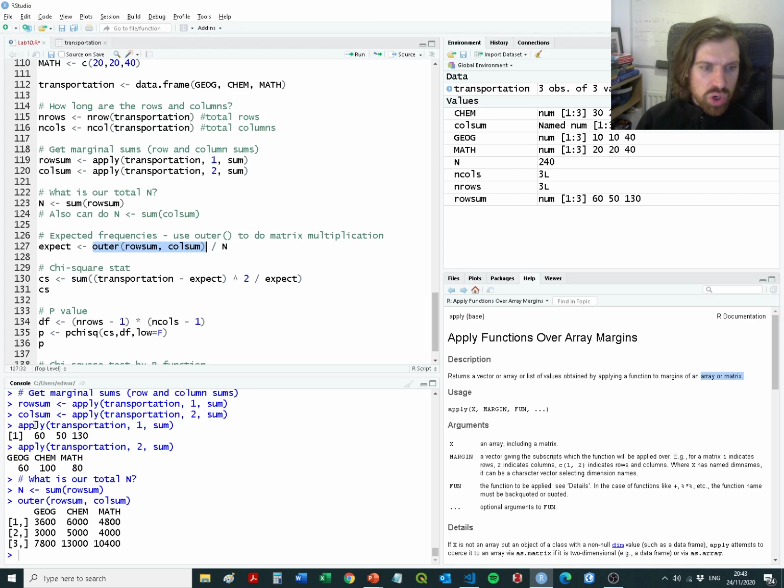If you look, we end up with 60 multiplied by 60 for the first cell, then 60 multiplied by 50 for the second cell, and then 60 multiplied by 130, which gives us this cell down here. When we do that all the way across, moving on to the next column, 60 multiplied by 100, we get 6,000, and 50 multiplied by 100, we get 5,000, and so on and so forth.